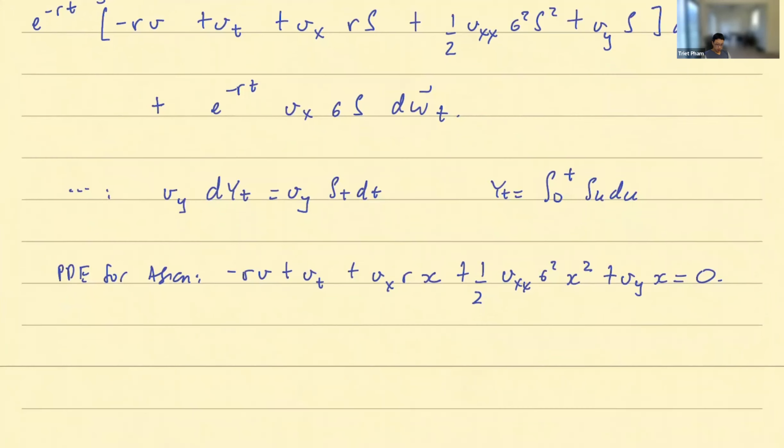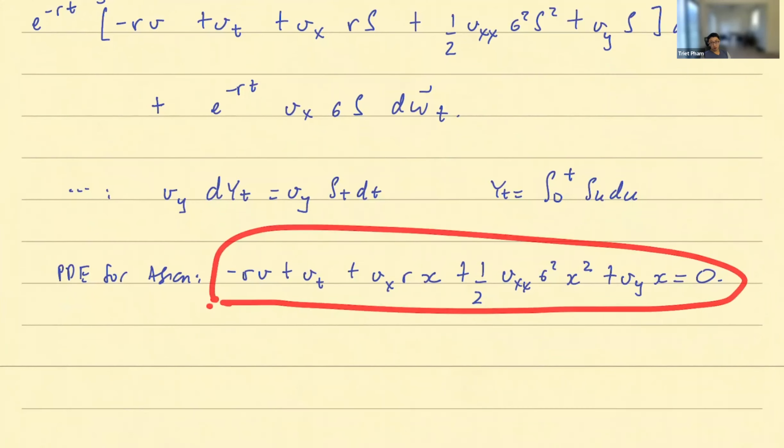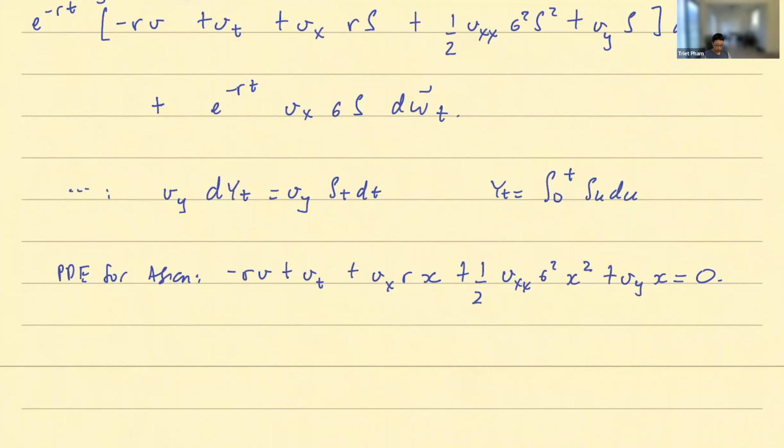But this is not just the PDE. It's not just this equation. We need the domain for the variables, for example. So what are the remaining variables? t is from 0 to big T. What about the domain for the x variable?